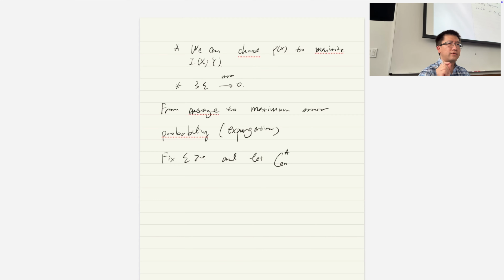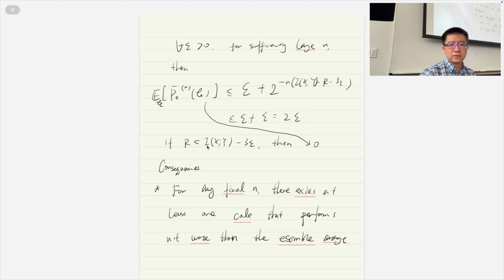This is the code we found such that the average error goes to 0, with the average error of Cn star less than or equal to 2 epsilon, right?